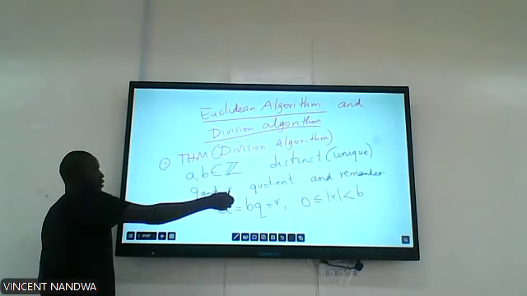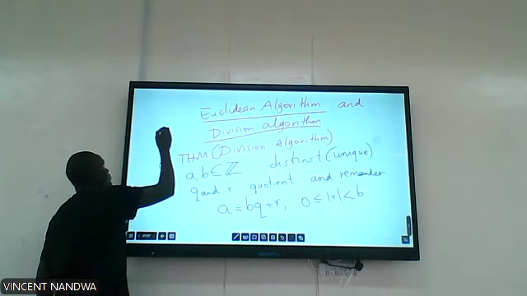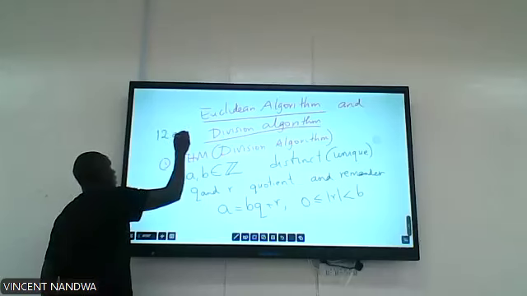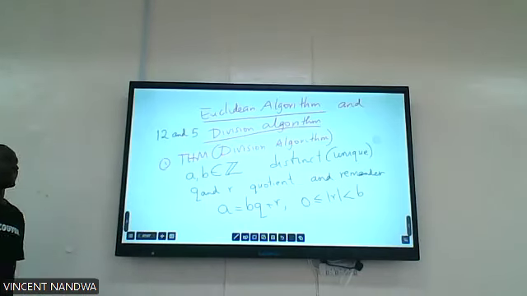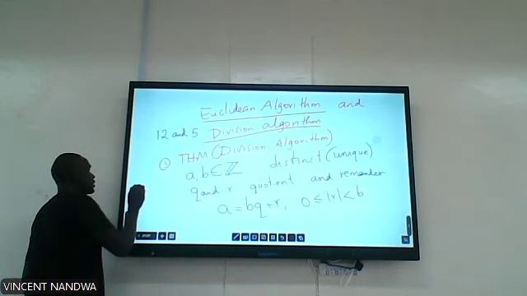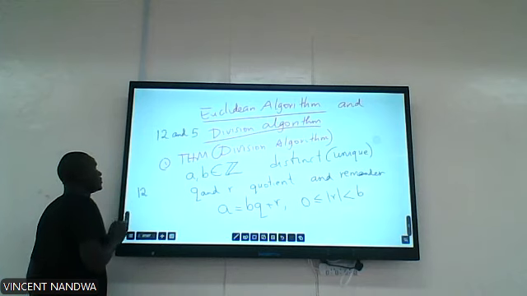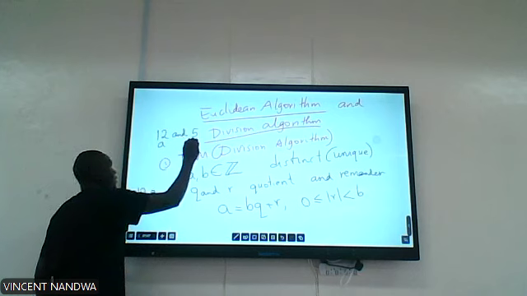For example, to appreciate this, if I give you 12 and 5, I can write 12. This is my a, this is my b.